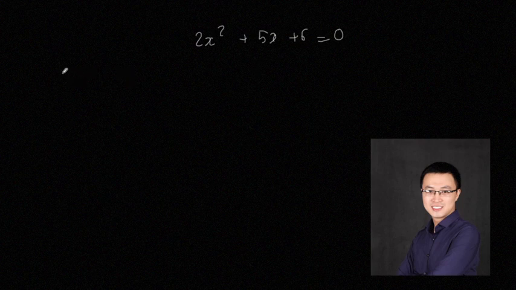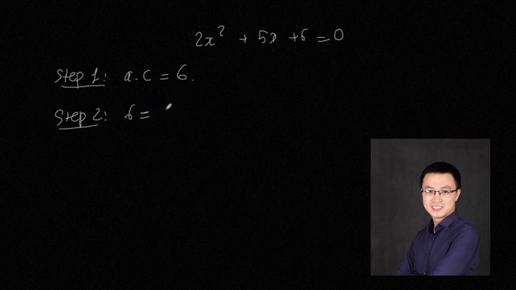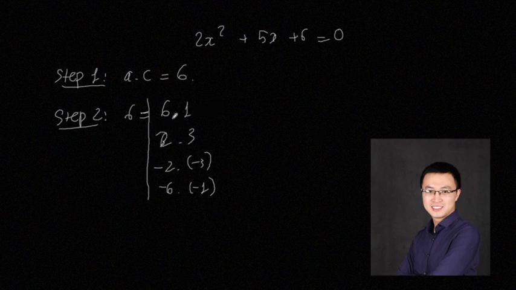Sorry, and I want to repeat that at step 1 I take a times c equal to 6, and at step 2 I separate 6 into options of something times something: 6 times 1, 2 times 3, minus 2 times minus 3, or minus 6 times minus 1. And whichever option has factors that add together to equal 5, I will choose that option.